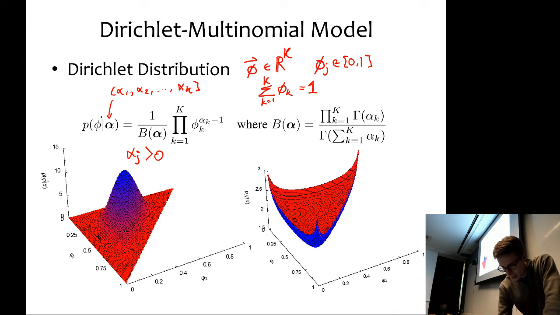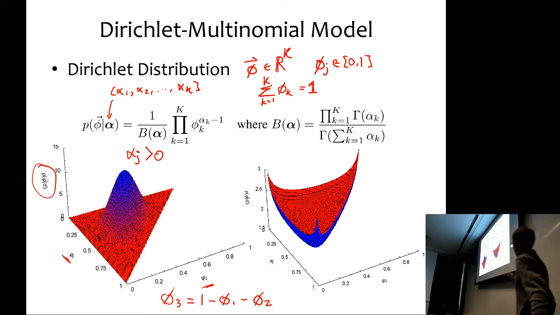What we're looking at here is the probability of the vector phi for phi 1 and phi 2, but also for phi 3, because phi 3 is just equal to 1 minus phi 1 minus phi 2, right? Because we just said that the parameters phi sum up to 1. So if you know what phi 1 and phi 2 are, then you know what phi 3 is.